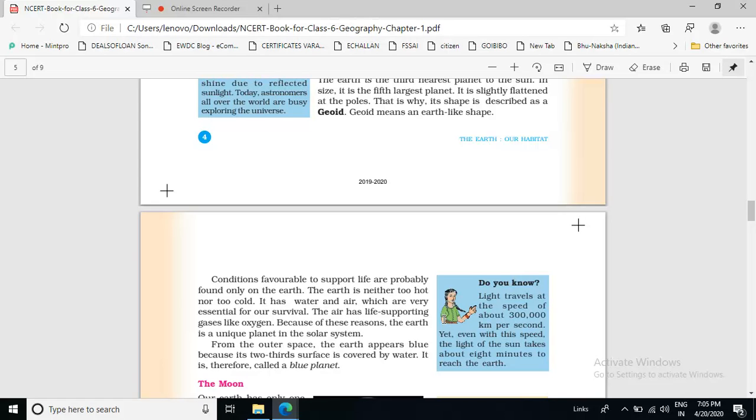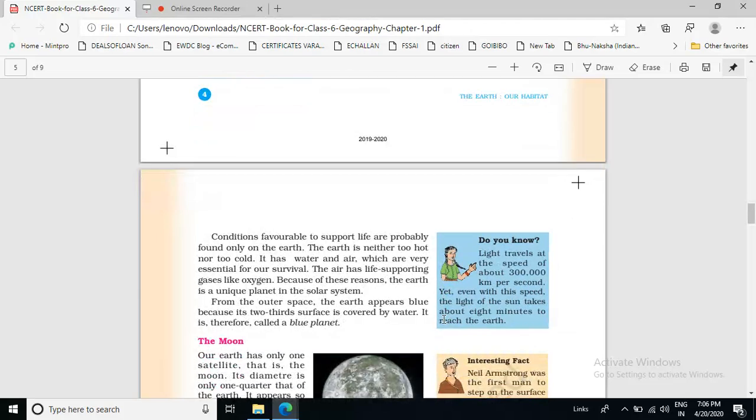Why is the earth called a blue planet? When we see the earth from outer space, it appears blue. And why does it appear blue? It appears blue because two-third part of the earth's surface is covered by water.